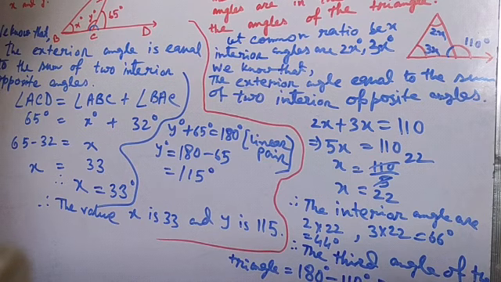That means the linear pair property will be used here, and this is 70 degree. So the three angles are 44 degree, 66 degree and 70 degree.